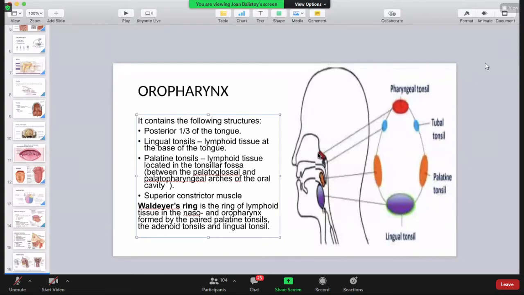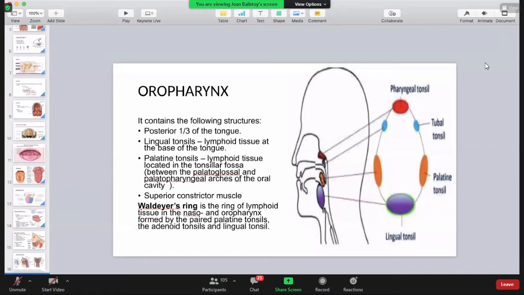Well, if you have more than that, you have to remove the tonsils because it is better to remove them than to have complications arising from often having the infection. All right? If it is removed, there's nothing that is done in harm to your body.